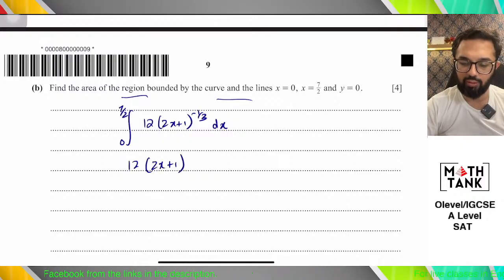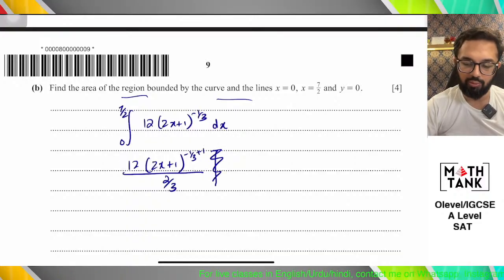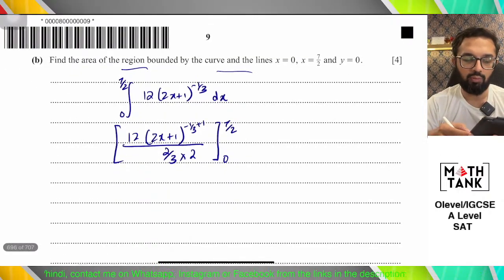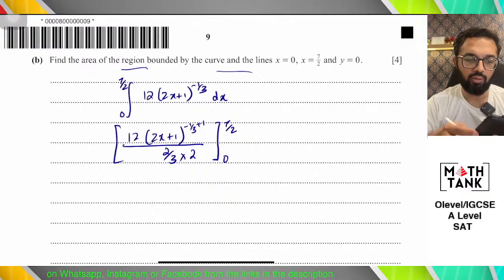I have to increase the power by 1, that gives me the new power, that's 2 over 3. And I have to multiply with the differentiation of the bracket. And I have 0 and 7 over 2 here. Okay, so 12 divided by 2 over 3 divided by 2, 9.